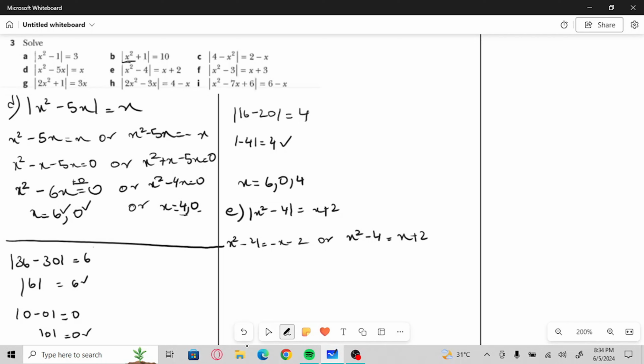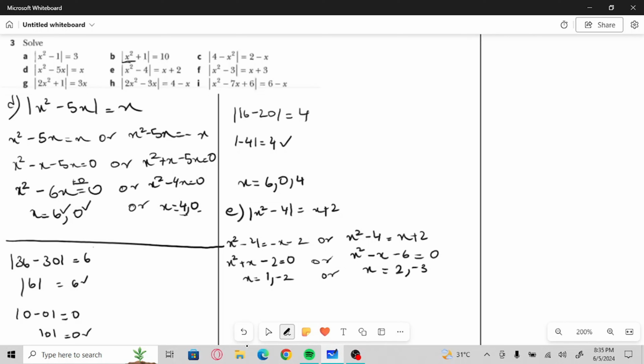Okay, simplify both of these. x squared plus x minus 4 plus 2 is minus 2, or is equal to 0 actually, or x squared minus x minus 4 minus 2 is minus 6 is equal to 0. Again, input these values into the calculator and we will get x is equal to 1 and negative 2, or x is equal to 2 and negative 3.